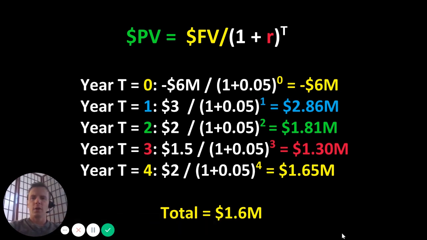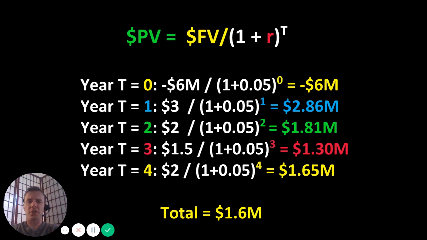So let's go year by year and assign a present value for each one of those individual future values. The first thing that we need to evaluate is what happens in year 0, or today. I mentioned that we have a profit of negative $6 million today. So we're going to use this same formula, PV is equal to FV divided by 1 plus r to the t.